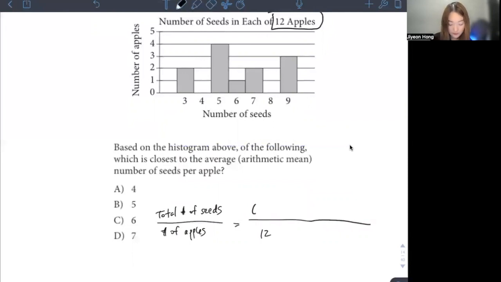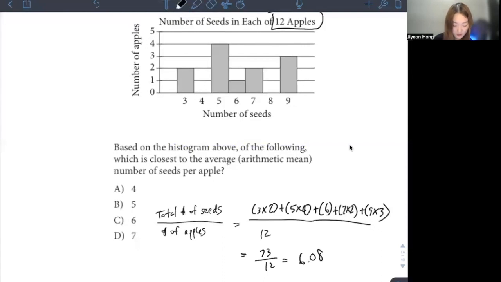So 3 seeds for 2 apples, plus 5 seeds for 4 apples, plus 6 seeds for 1 apple, which is just 6, and we have 7 seeds for 2 apples, and 9 seeds for 3 apples. So 3 times 2 plus 5 times 4 plus 6 plus 7 times 2 plus 9 times 3, when calculated, is 73 divided by 12, which gives us 6.08, which is closest to answer choice C.